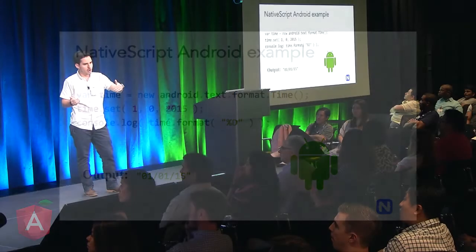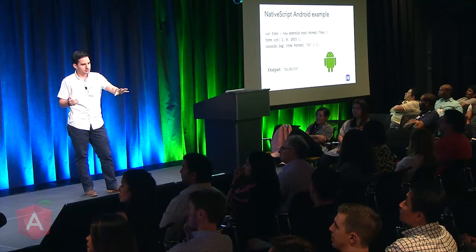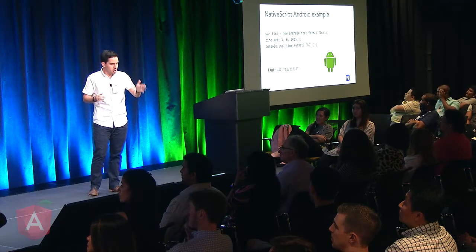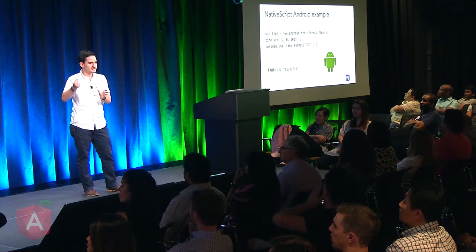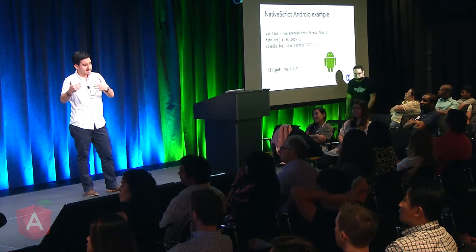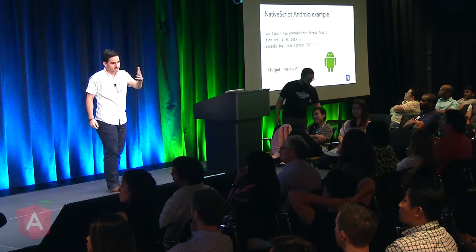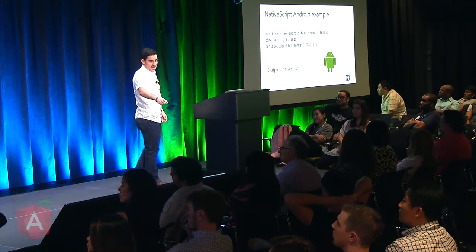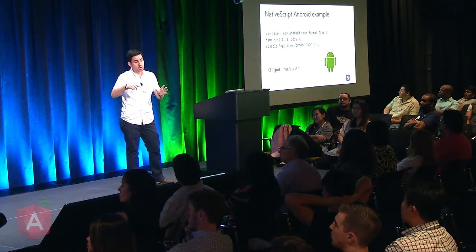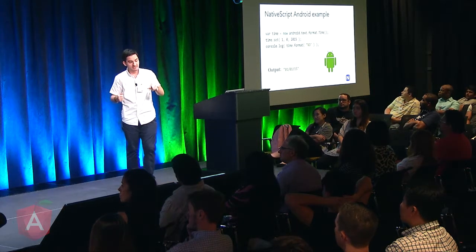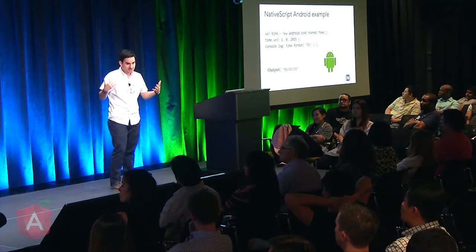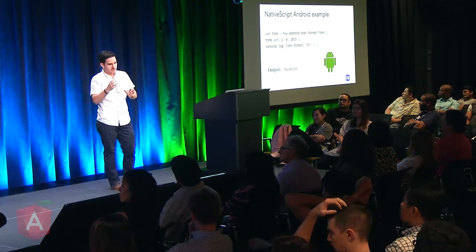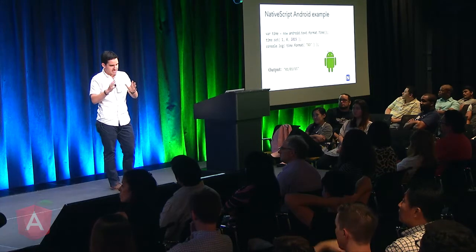I am passing it 3 parameters, which are 3 numbers in the JavaScript sense of things, but they're being passed into the set method, which is part of the time object, the instance of the time object in the Android world. And we're, in fact, even console.logging the output of the time.format method, which itself takes in a string. So this is all JavaScript, but the objects that you're working with are native objects.